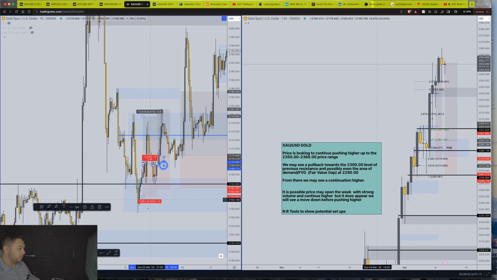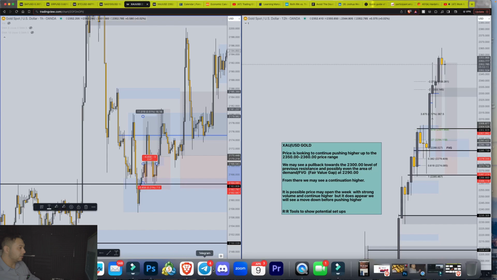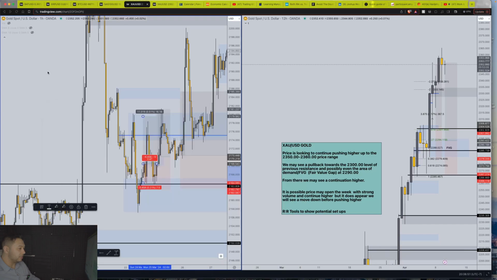Stop loss at 2160. Where did I say that I put it? Stop loss 2163, so that was at this point down here. And we are looking at this risk reward tool right here, guys. This one right here that I'm clicking on.